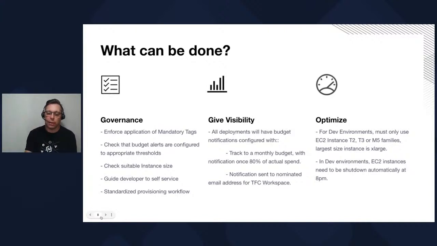Then you can do things like enforcing particular instance types that can only be deployed into that dev environment. Again, leveraging something like Sentinel policy. And that enforces users to only be able to use those minimum standards. And then you can also enforce things like you have a time when they will automatically be deleted as well, or enforcing that you cannot deploy a new instance on a Saturday or over a weekend, for example.